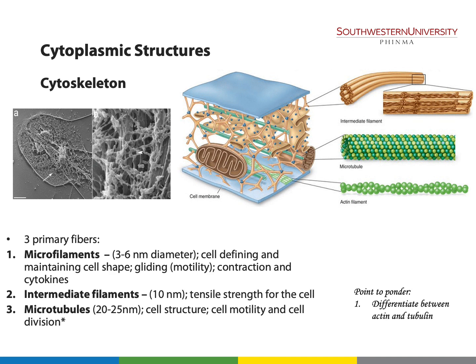First, your microfilaments, with a diameter of 3 to 6 nanometers. Primarily, microfilaments are for defining and maintaining cell shape. They also function in motility like gliding, muscle contraction, and cytokinesis.